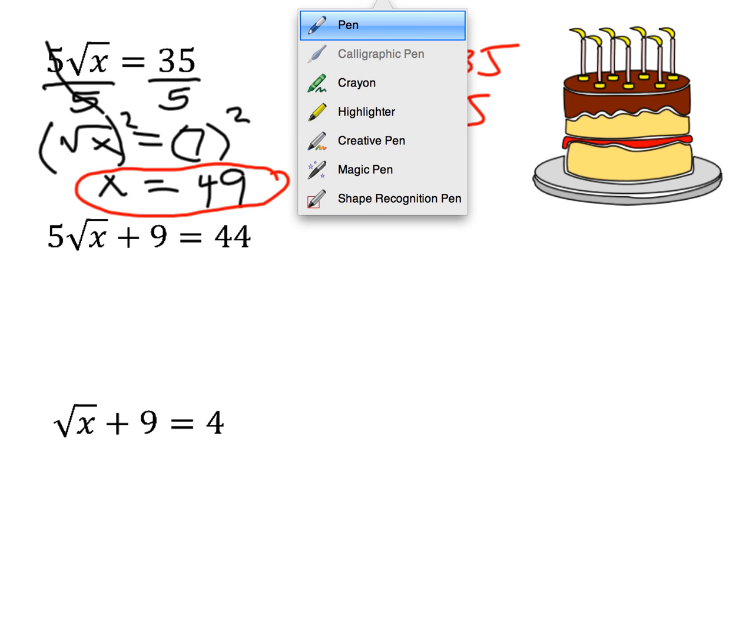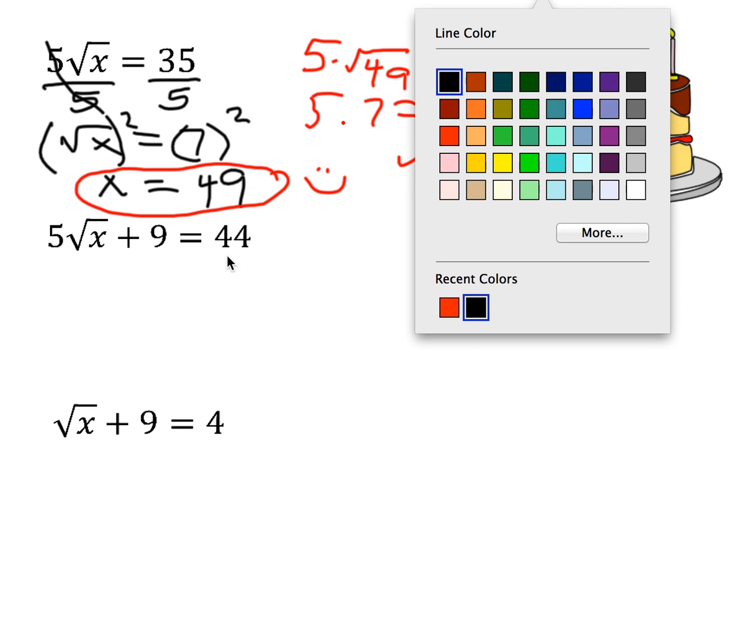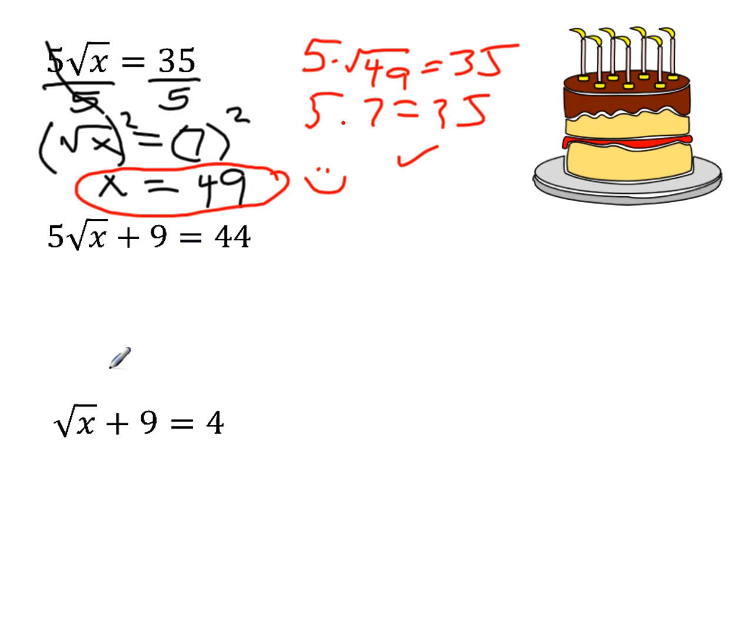Okay? Now, if I go on to my next question, I have 5 root x like I did before, plus 9. Now I have this plus 9. And I do have to get rid of that because I have to get the root x isolated. So I subtract 9 on both sides. I get 5 root x equals 35. This should look familiar.